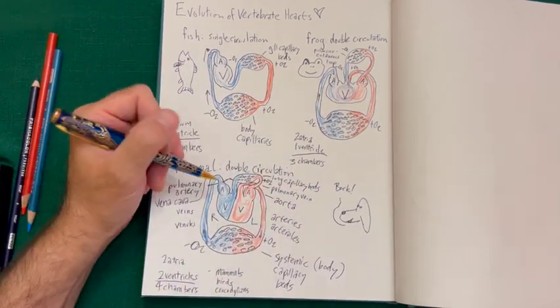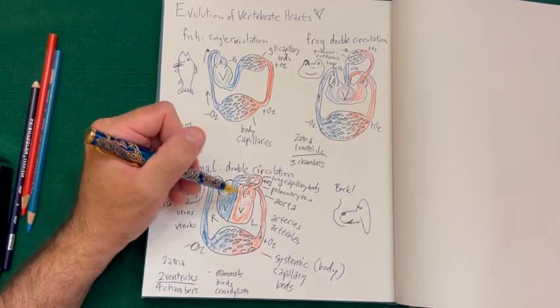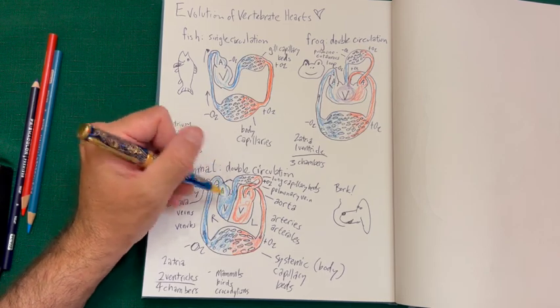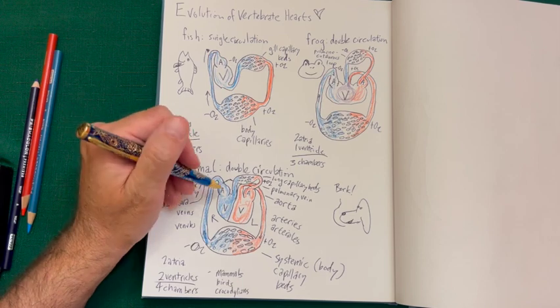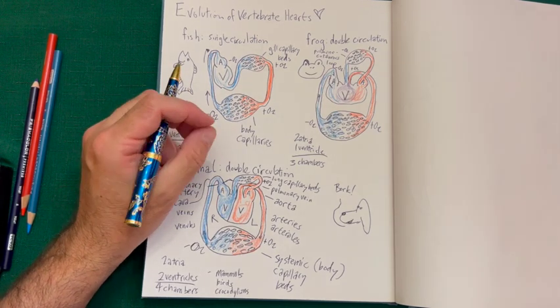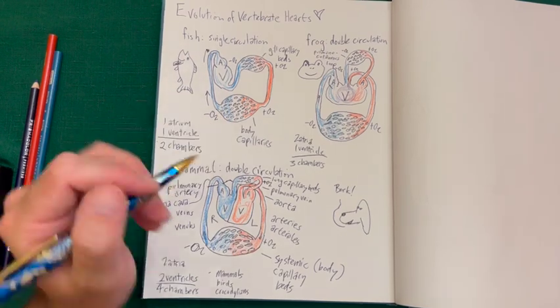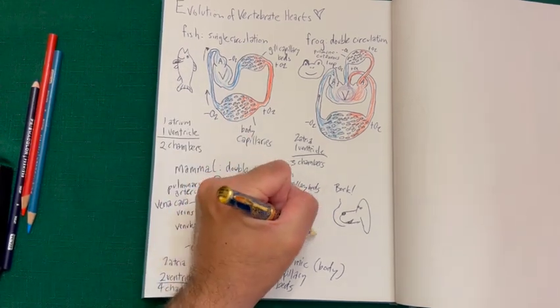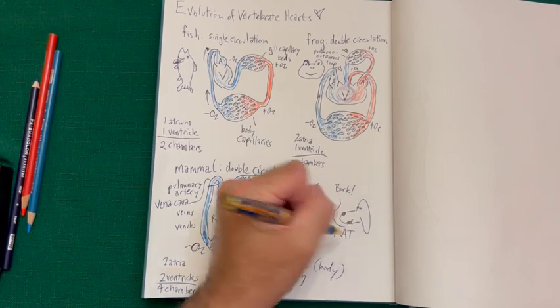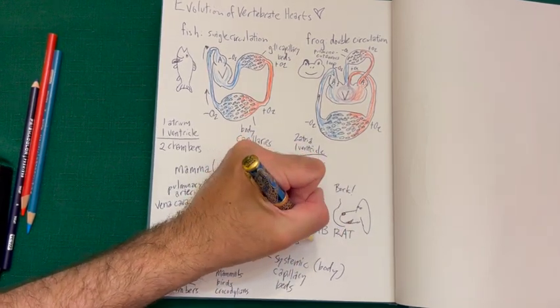Okay, so one more thing to tell you about mammal hearts, which is that on one side, you've got a bicuspid valve, just two lobes to the valve that is between the atrium and the ventricle. On the right side, you've got a tricuspid valve, or a three-lobed valve. How do you remember that? It's easy if you can only remember what you're doing in the lab, which is dissecting a lab rat.